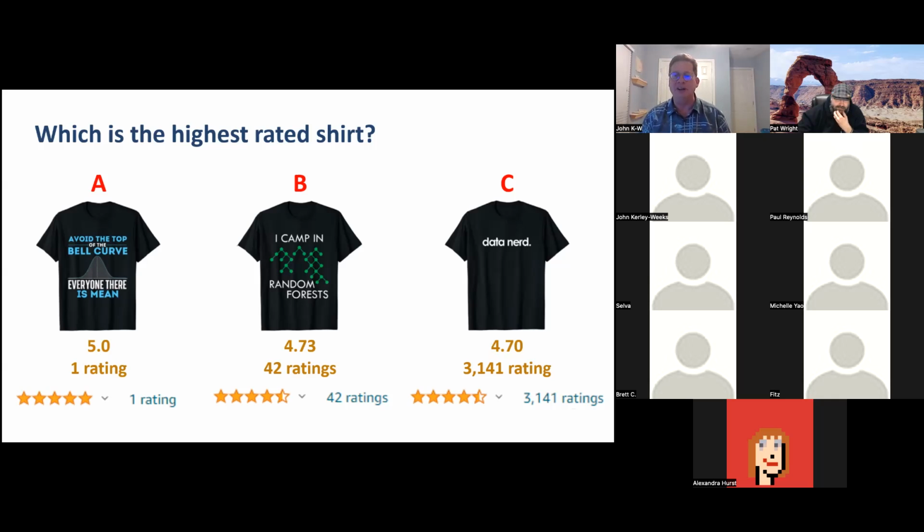Oftentimes on Amazon, if you're sorting, you're going to have that 5.0 shirt at the top. That was kind of a personal pet peeve of mine, because it's easy to get 5.0 when it's only one person voting. So what are people's thoughts on which shirt would have the highest rating?